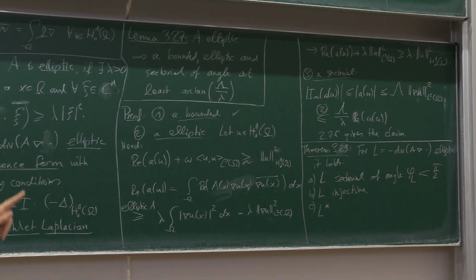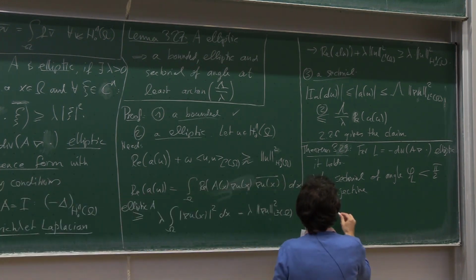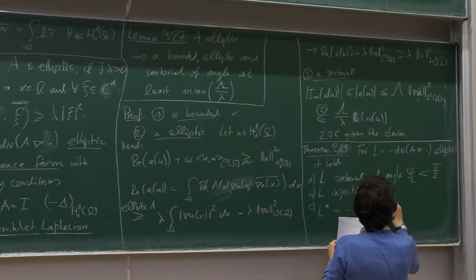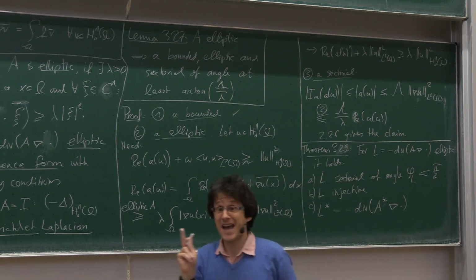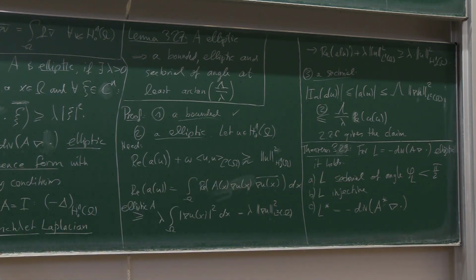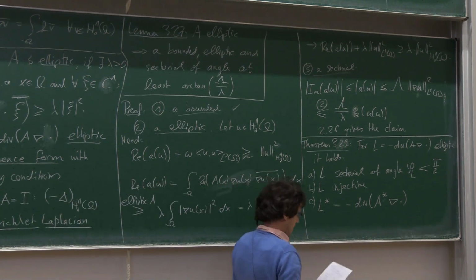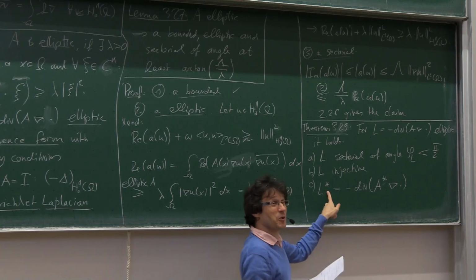And if you do the calculation, you will find that it is exactly the form that corresponds to the same thing with the adjoint of A instead of A. So the adjoint goes onto the A. So L star is the same as the divergence form operator where you have here A star, which is now the star in C^(n times n), so in the n by n matrices. This is just the Hermitian matrix, so transposed and complex conjugated. So L star is of the same quality as L.